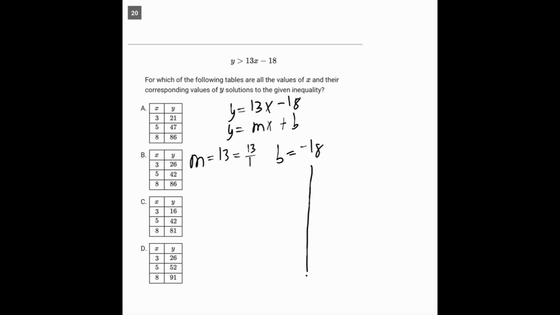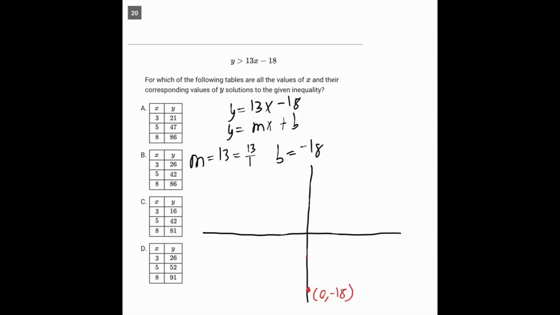So let's create a little graph here. This is definitely not going to be to scale because the numbers will be really strange. But it's going to be hitting at -18 on the y-axis because that's our y-intercept. So this point right here, this is (0, -18). And from there, we can continue to go up 13 over 1.